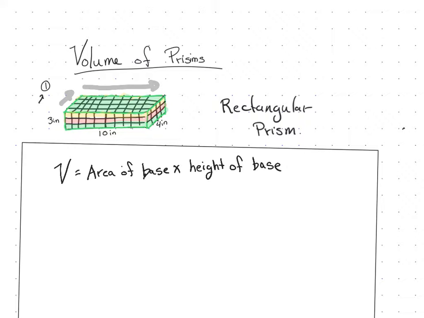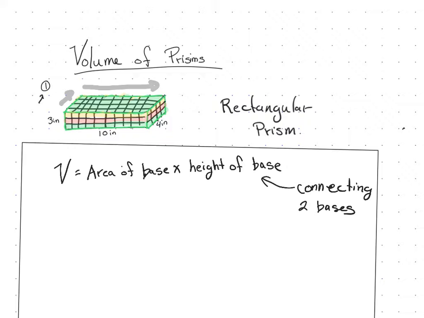And the height of the base is always going to be the length that is connecting the two bases. And for the rectangular prism, that's pretty easy because all of them are rectangles. But this will make more sense when I get to my other 2 shapes.